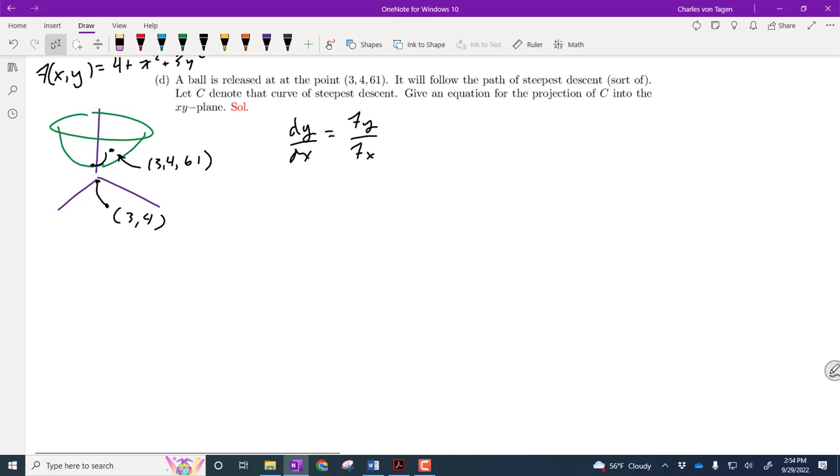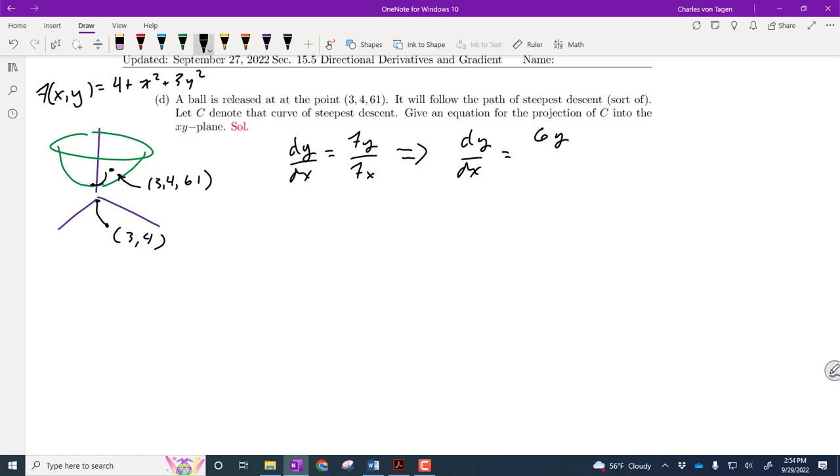So then we're going to be solving the differential equation dy/dx. If I take the partial derivative with respect to y, I get 6y, all over the partial derivative with respect to x, which gives 2x. Solving this is kind of like integrating, in that we get a family of solutions.